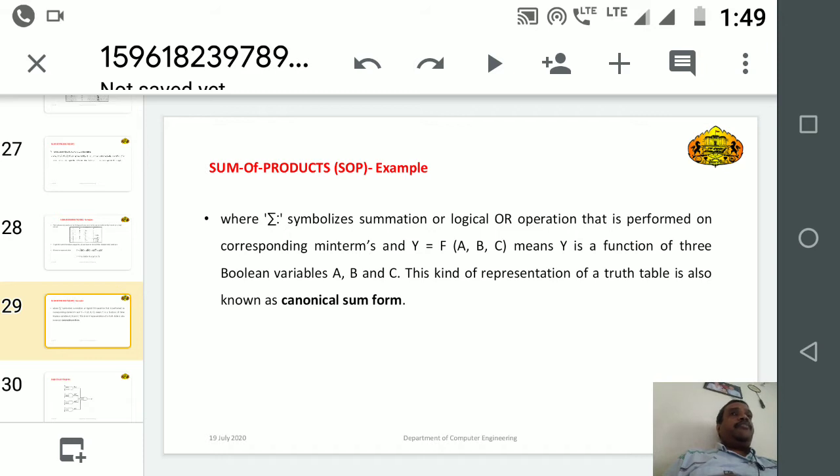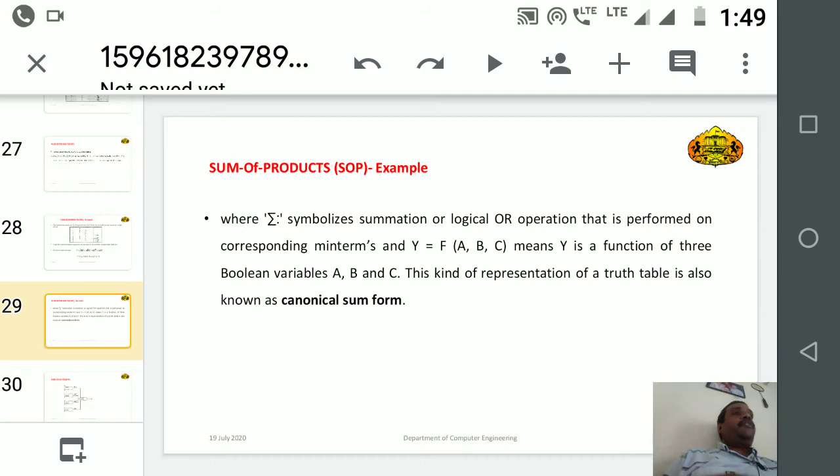Okay. In the previous slide we saw one truth table. In this truth table there are three inputs a, b and c, and a fourth column for the output, but the output is present only for the inputs 3, 5, 6 and 7.